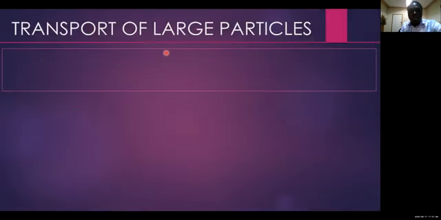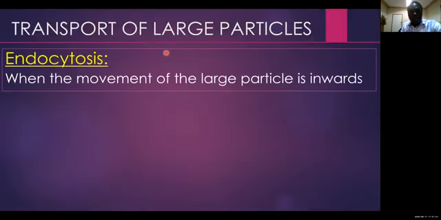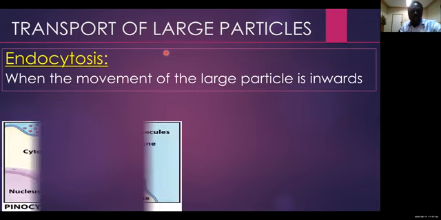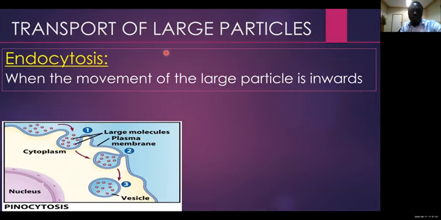So in endocytosis, the large molecule is moving into the cell. We classify endocytosis based on the consistency of what is moving into the cell.